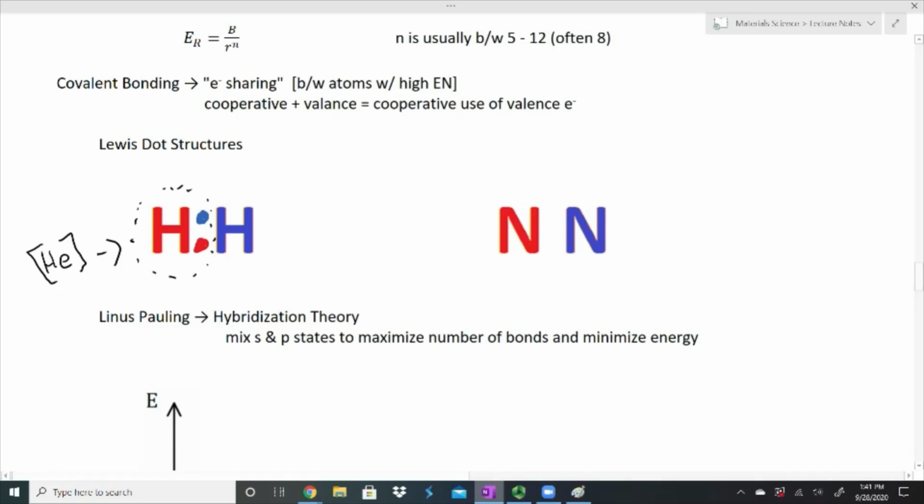Well, the other hydrogen has its own electron still, and it has the other hydrogen, the red hydrogen's electron. So it has the electronic structure of helium. And so now it's stable. Both of them are stable, both of them are happy, it's bonded.